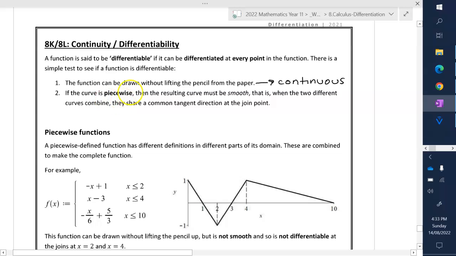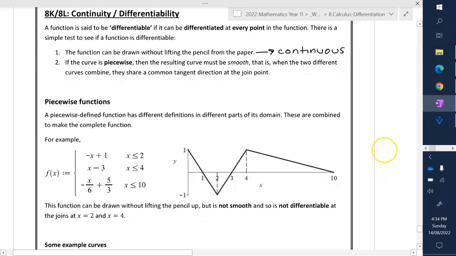So if it's piecewise, the resulting curve must be smooth. That is, when two different curves combine, they share a common tangent at the join point. So that's not going to happen down here because I'm going to have different tangents going different ways at the join point. And that's what we're going to have a look at first, the piecewise functions.